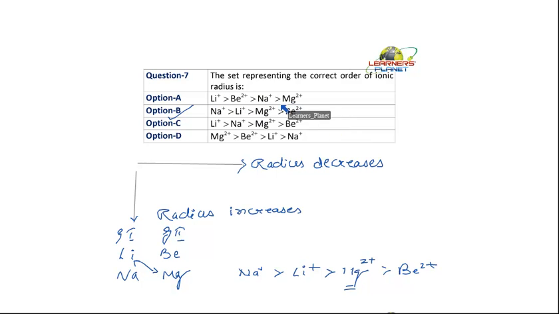So you too do this thing. Don't look at these options, because these are going to horrify you. So many ions arranged, jumbled up, and lots of greater than signs. It's better you pick up from there, arrange them. It will take hardly a minute, but you will be marking the correct answer.